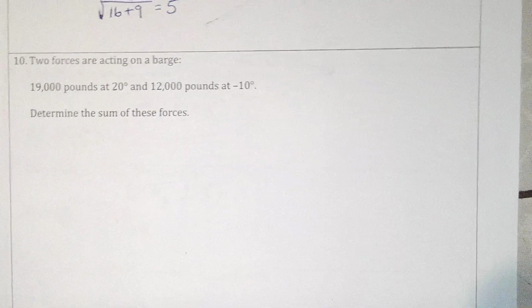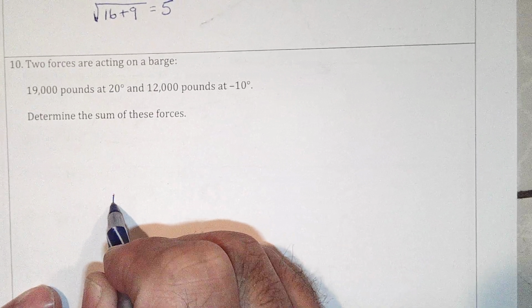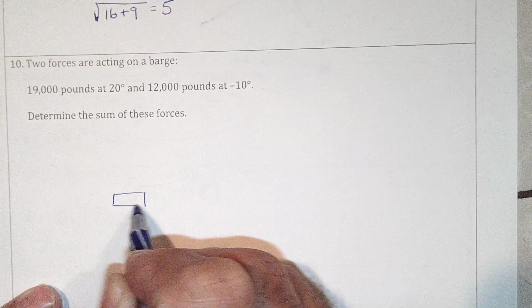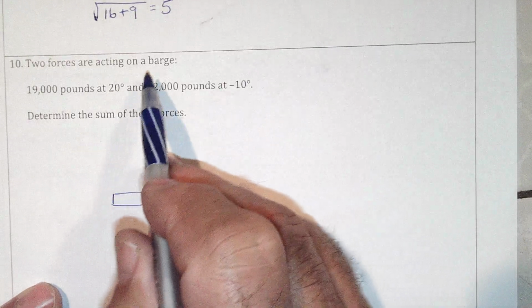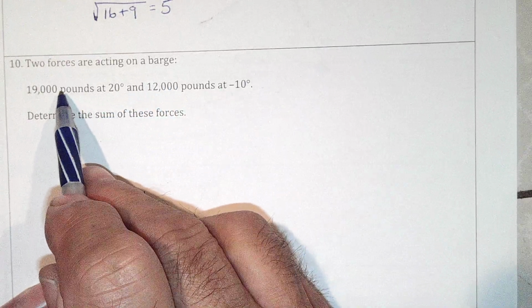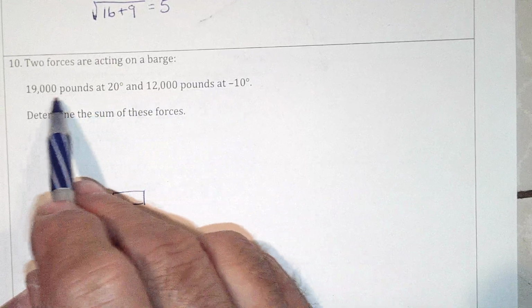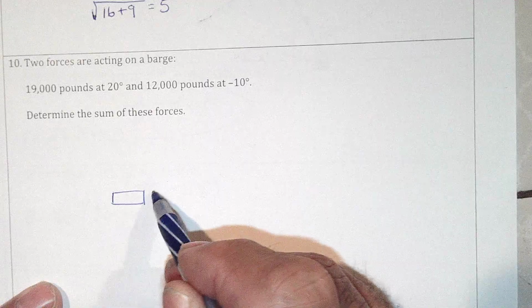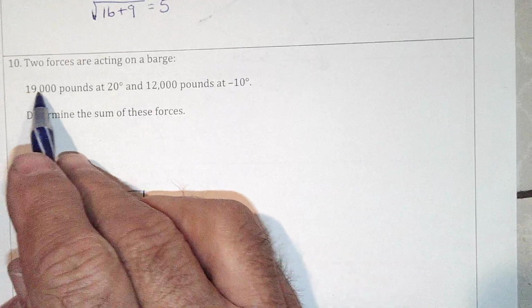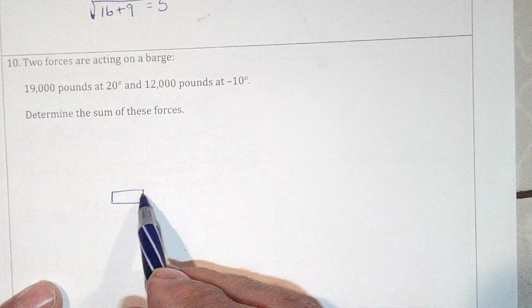And finally, I have a barge floating in a river or lake or something, and I got 2 tugboats probably, I didn't say that, pulling on it. There's a force of 19,000 pounds at 20 degrees.